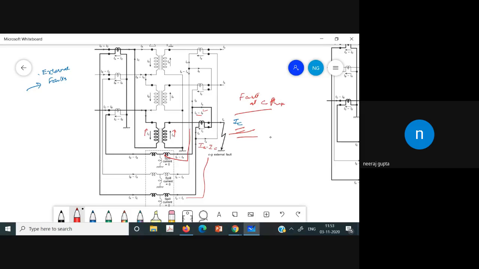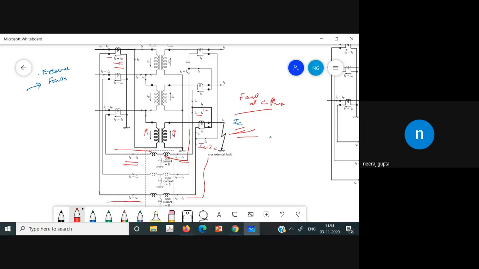Now you will see IC minus IB is increased, in proportion to this, and finally we have IC minus IB here and IC minus IB here on this side. Similarly, we will have IA minus IC. IC is increased in that case, so as a result it will also be increased.